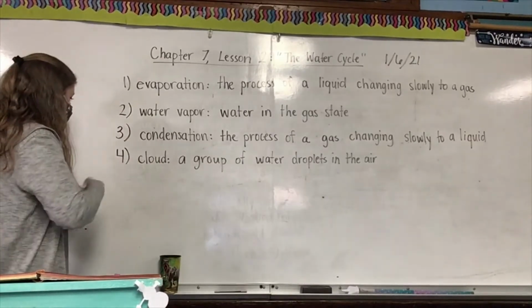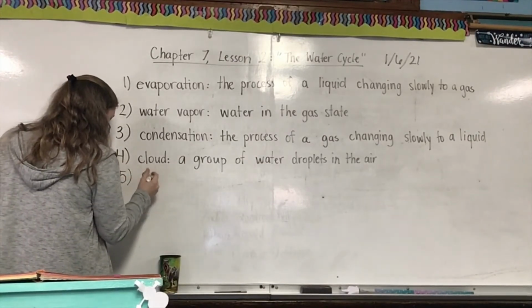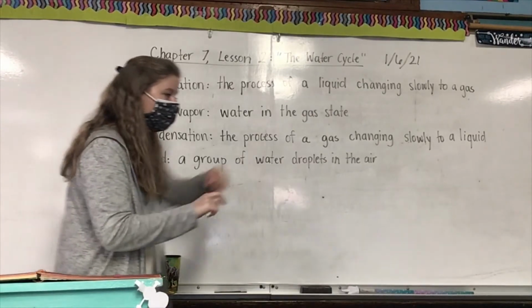Okay. So what's our next word, Michaela? Freeze. So number 5 is the word freeze. Make sure to spell it correctly. And we're going to put it in the same form as these other words.